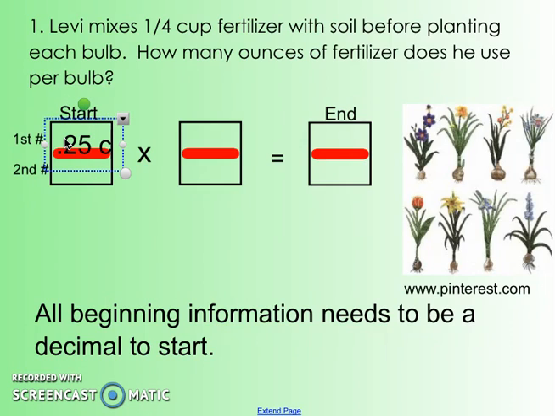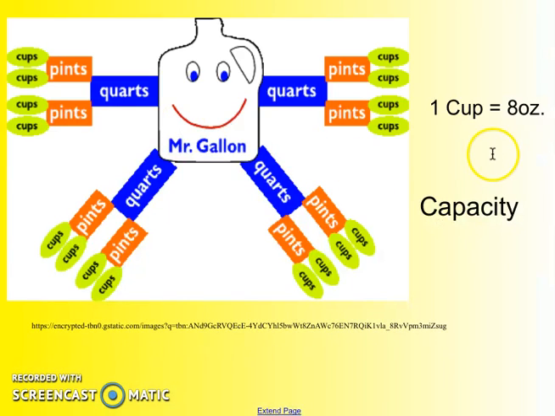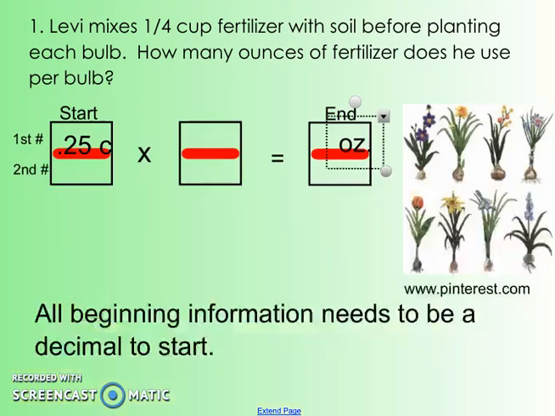0.25, and it's cups. Now, what do we want to end at? Yep, we want to end at ounces, because it says right here how many ounces of fertilizer. So we want to get to ounces. So what do we know about cups and ounces? Well, if we go back to this, there are how many ounces in a cup? 8 ounces.